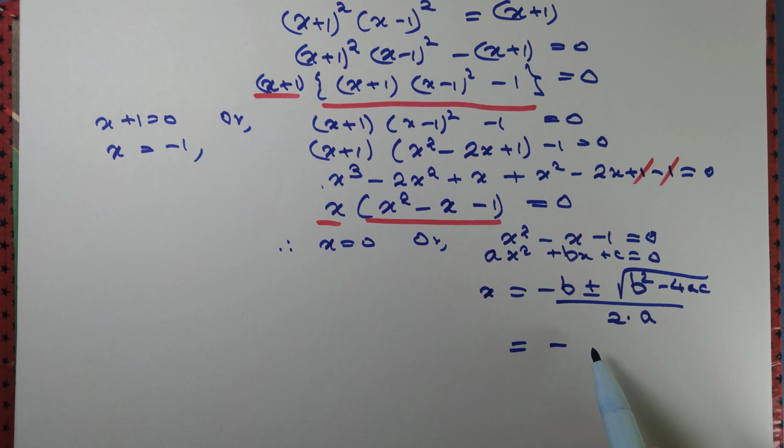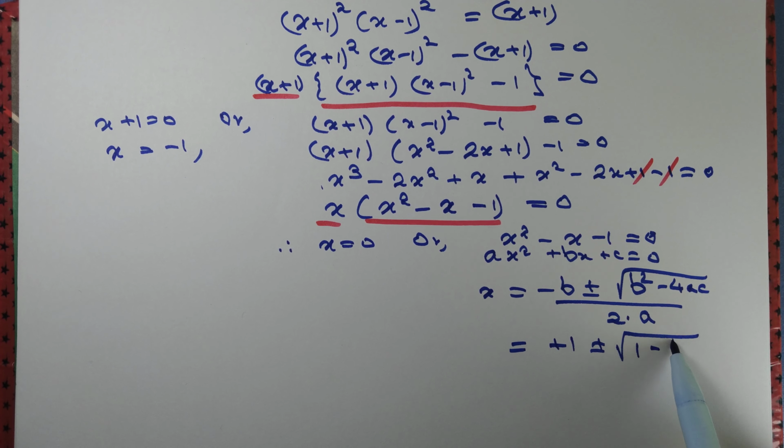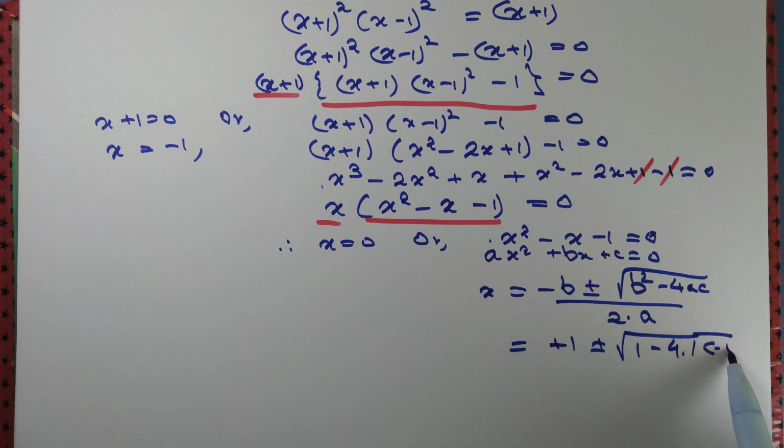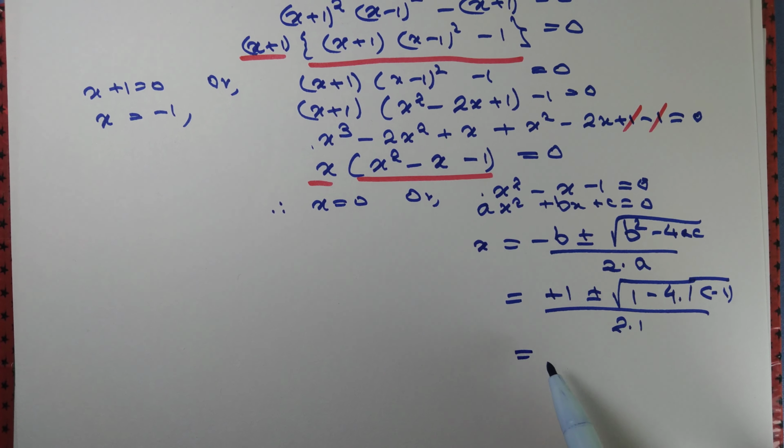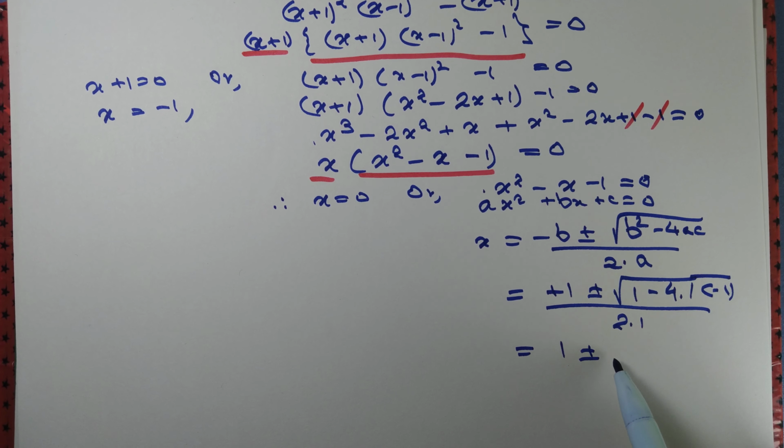That's equal to (−(−1) ± √((−1)² − 4·1·(−1))) / (2·1), which is (1 ± √5) / 2.